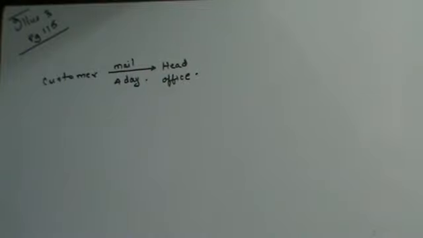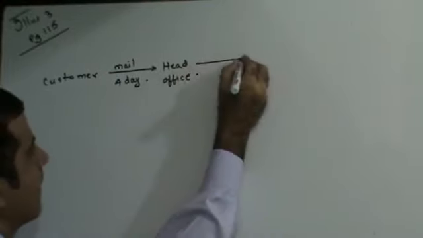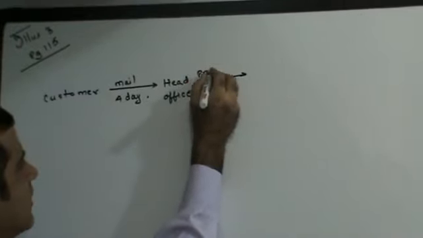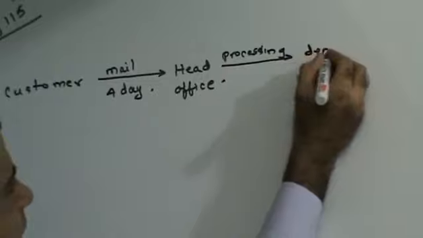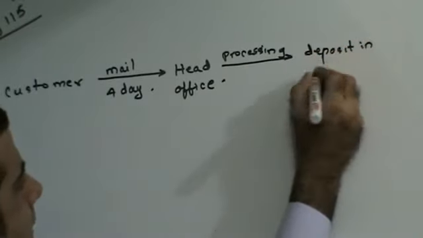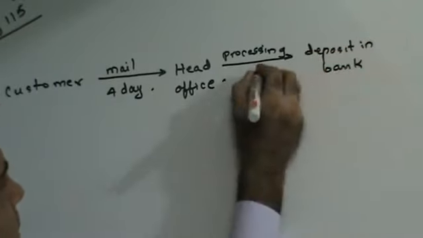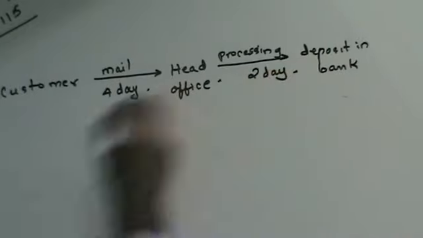After that, they are saying that the head office processes the check and it takes another 2 days before they can deposit it in the bank. So it takes 2 days for them to process the check.